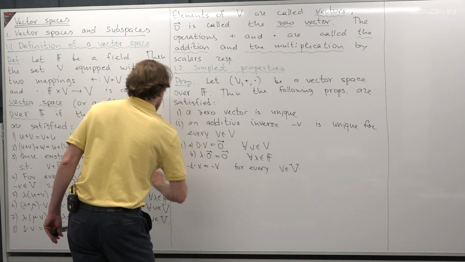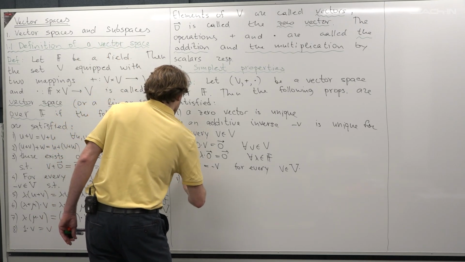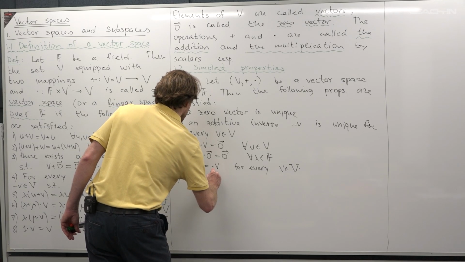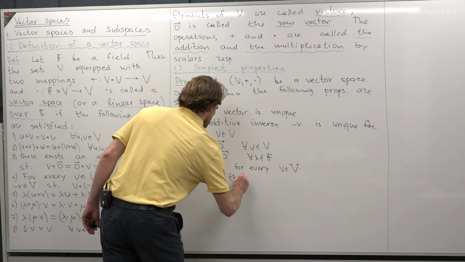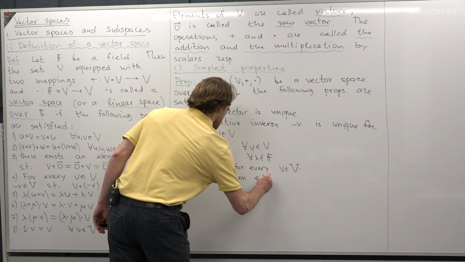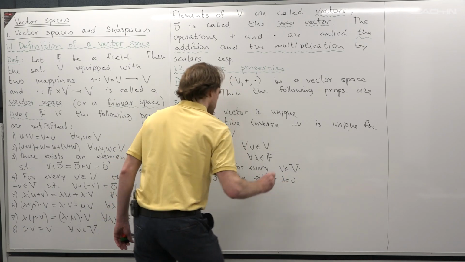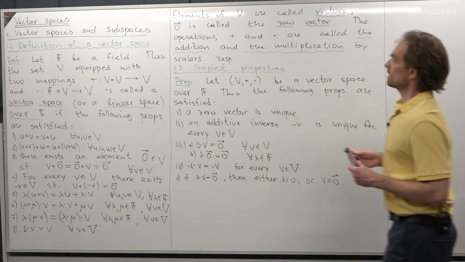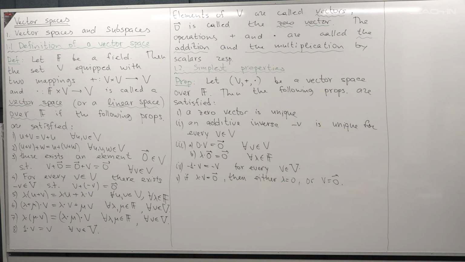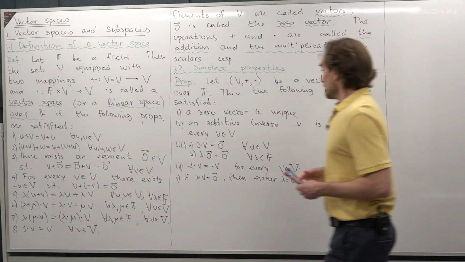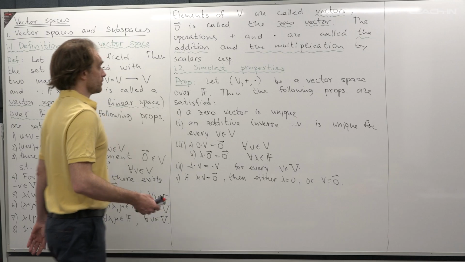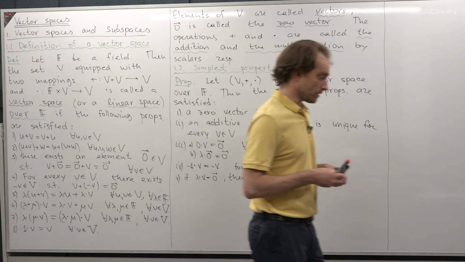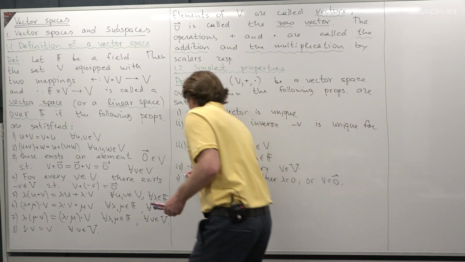And then the last property: if lambda multiplied by V equals the zero vector, then either lambda equals 0 or V equals the zero vector. So these are the 5 properties that we're going to prove. Something very similar to the first 2 properties we have already proved when we were talking about groups, fields, and all that. So I'll be very brief.